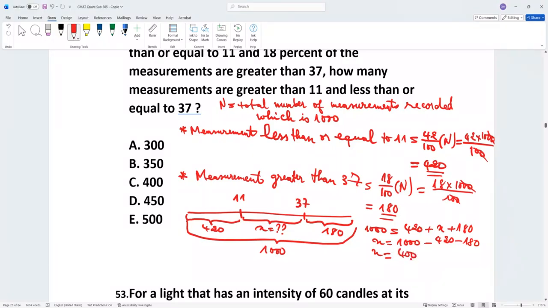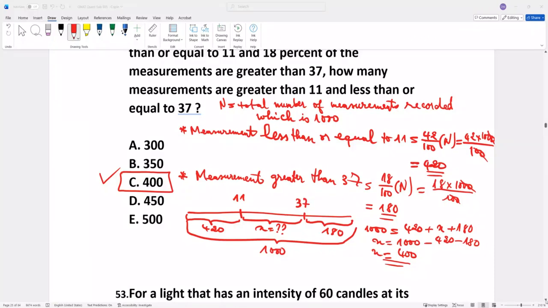Okay, 400. So answer C is the correct answer. Let's go to the next question.